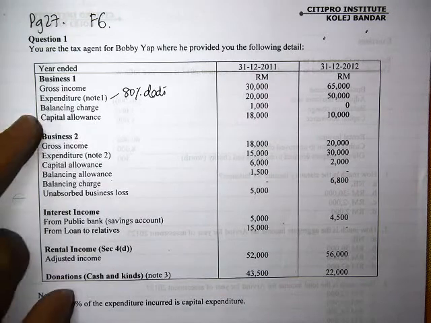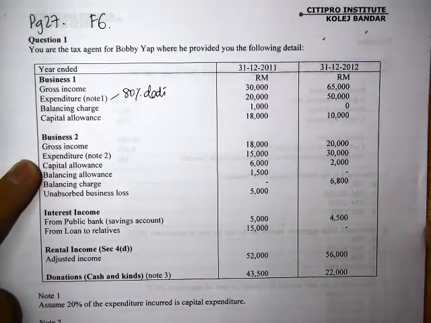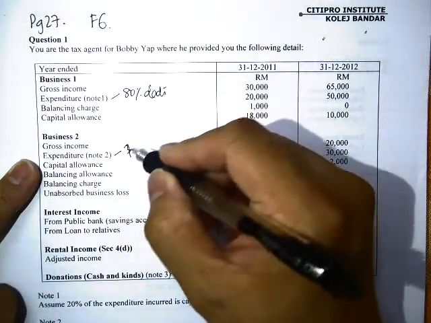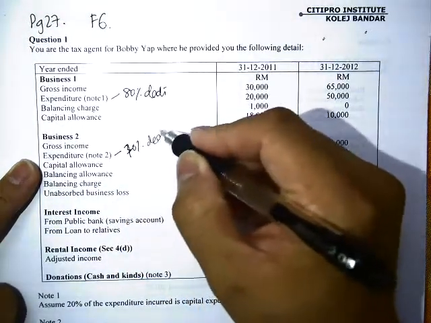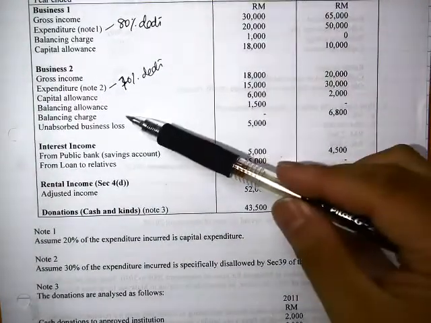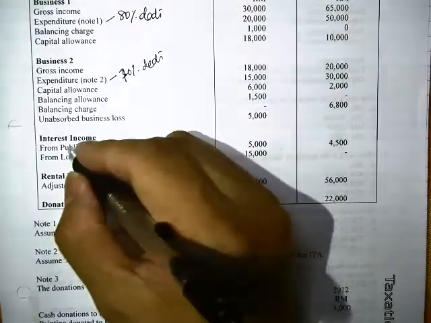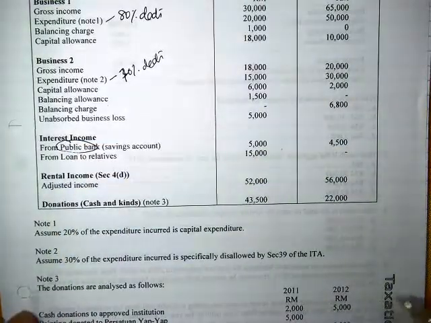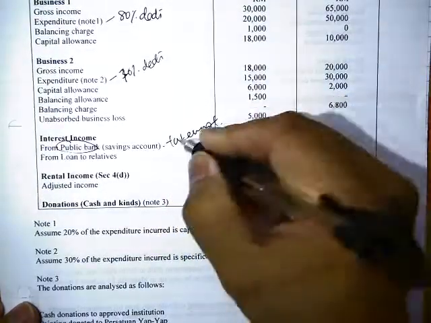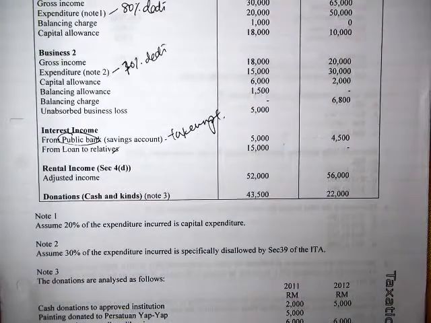Then we have business 2 expenditure, note 2: assume that 30% is disallowed, so 70% qualifies for deduction. Then unabsorbed loss. Interest from a bank to an individual is tax exempt. The interest from giving loans to a relative, you tax this.